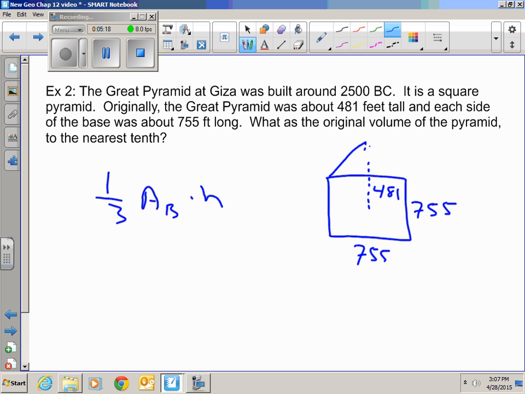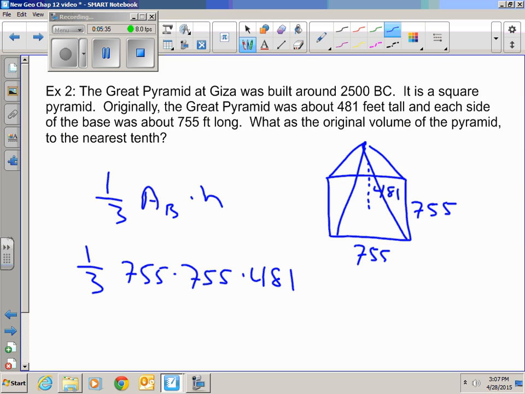We're going to draw in the sides to our pyramid. There it is. So I have 1/3 times the area of the base, 755 times 755, that's a square, times the height, 481.